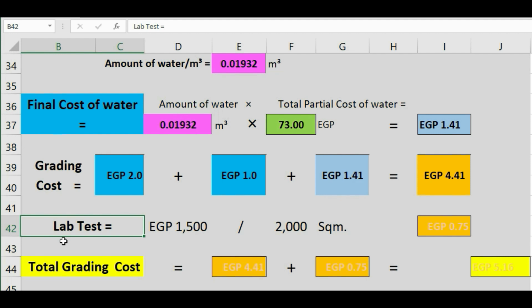We are taking the samples each 2,000 square meter. The one test costs 1,500. It means that one test costs 0.75 Egyptian pounds.